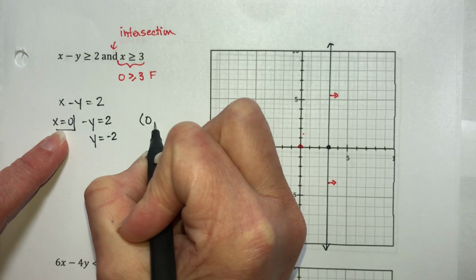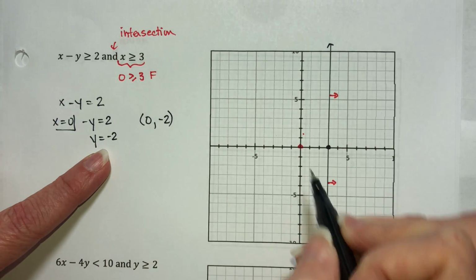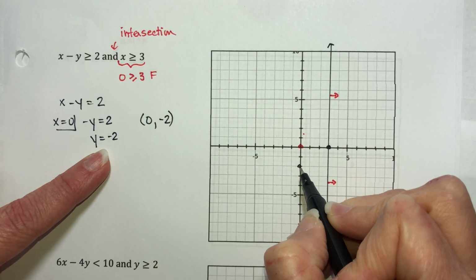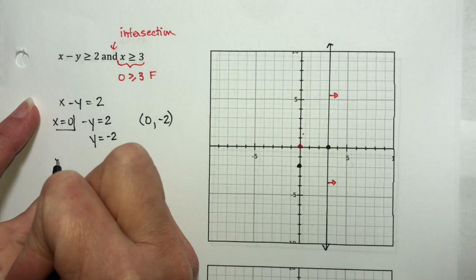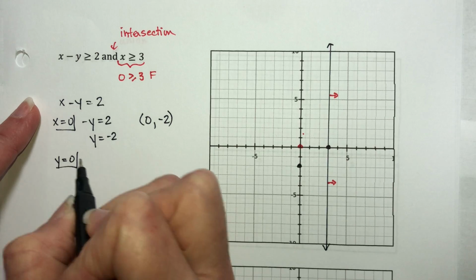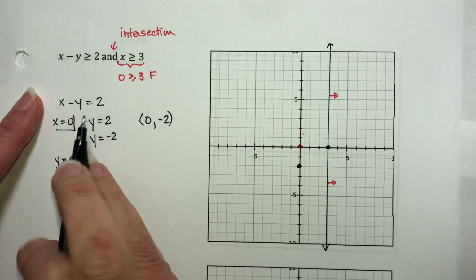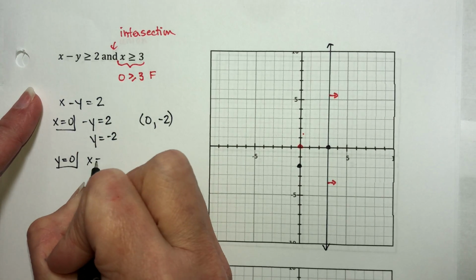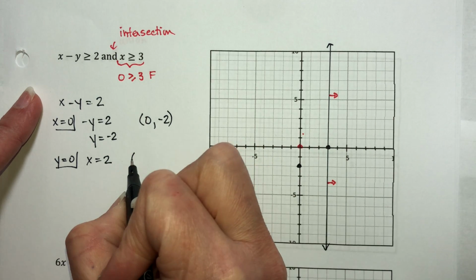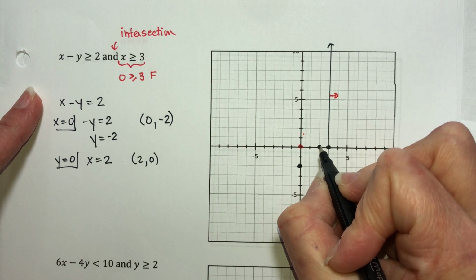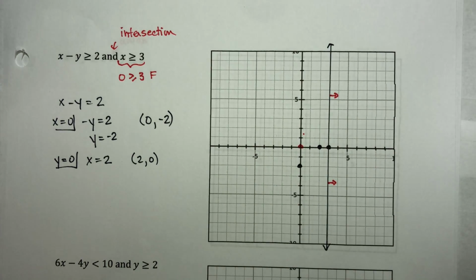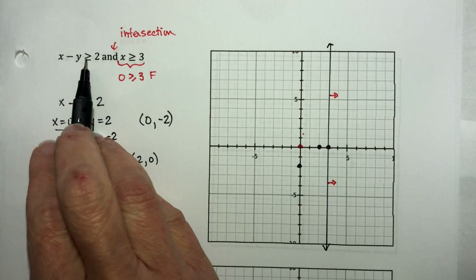This would be the point 0, negative 2. Now let's find the other one. If y equals 0, then that minus y goes away, and I'm left with x equals 2. So that would be the point 2, 0, which is right here. So draw in this solid line.